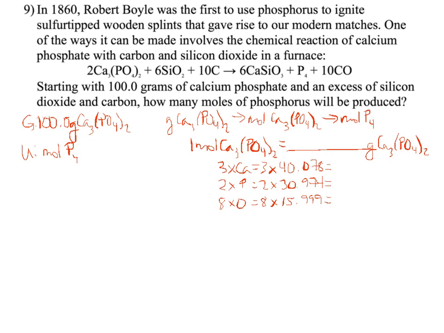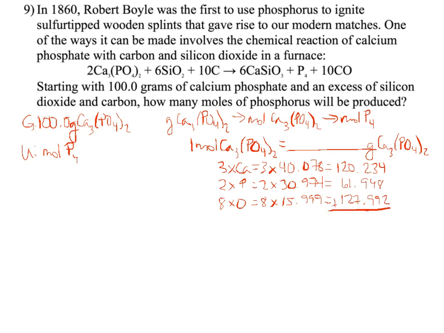So 3 times 40.078 equals 120.234. 2 times 30.974 is 61.948. And 8 times 15.999 is 127.992.